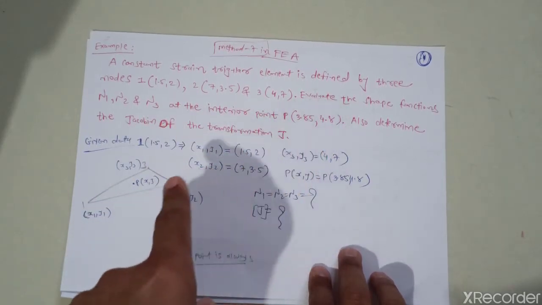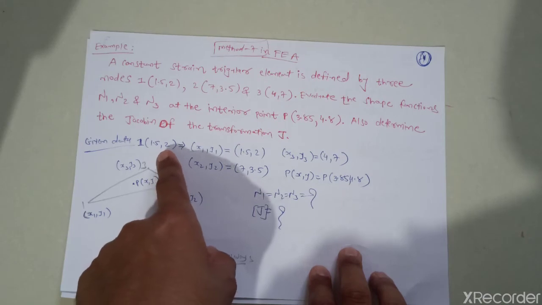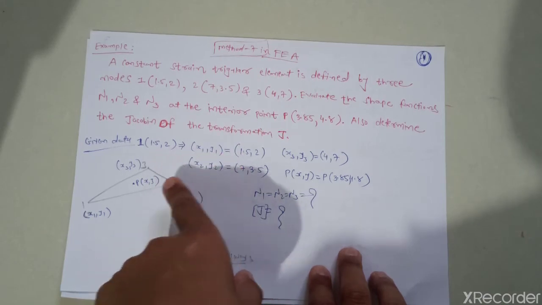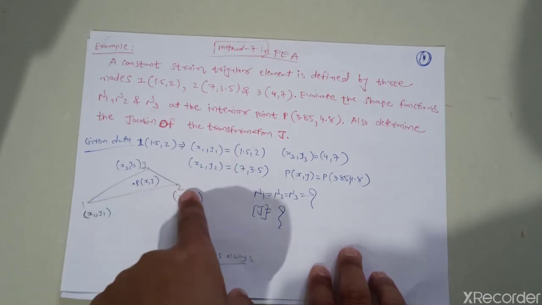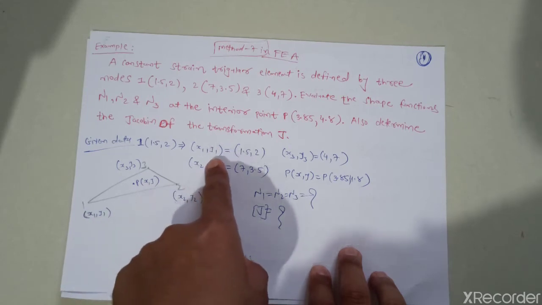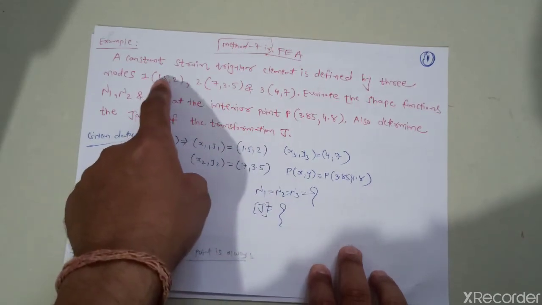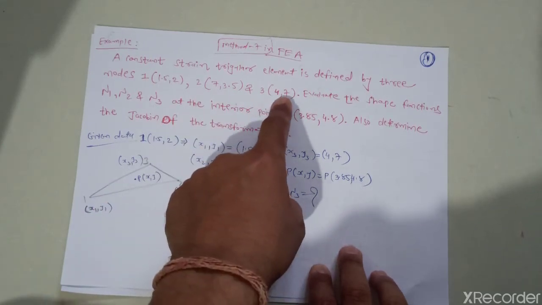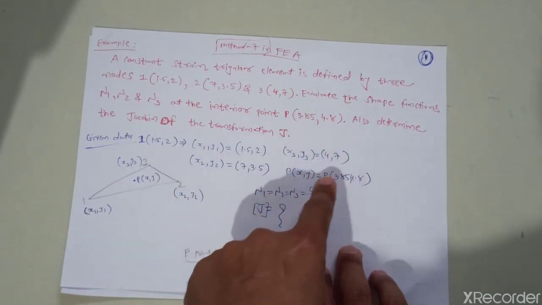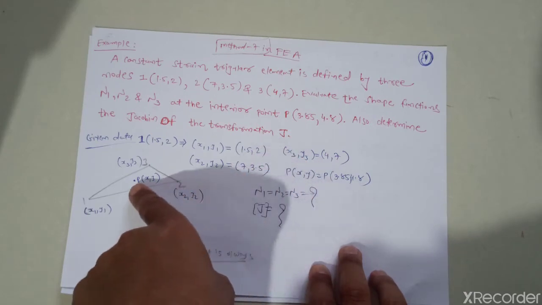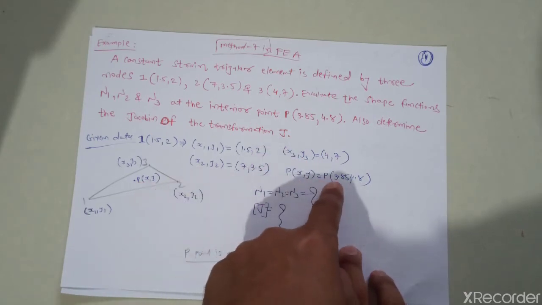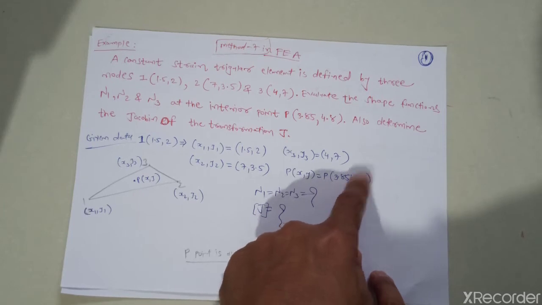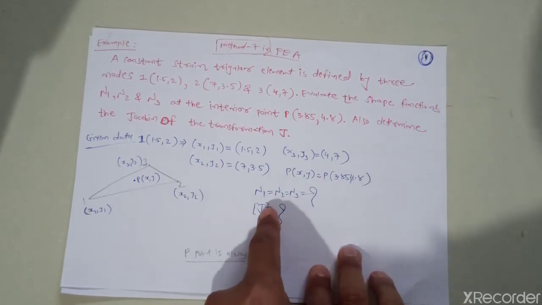So here the three node points are given: x1, y1 is (1.5, 2), x2, y2 is (7, 3.5), and x3, y3 is (4, 7). Also we have P(x, y), which is (3.85, 4.8). We want to find n1, n2, n3 and the Jacobian transformation.